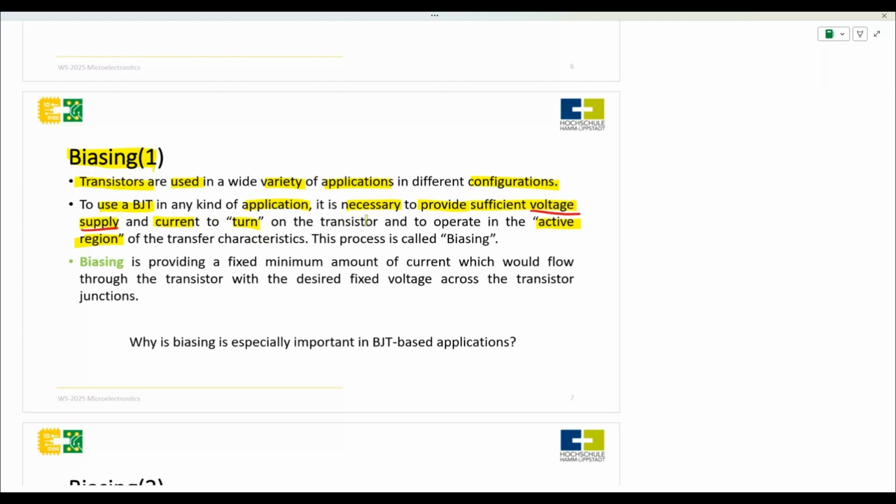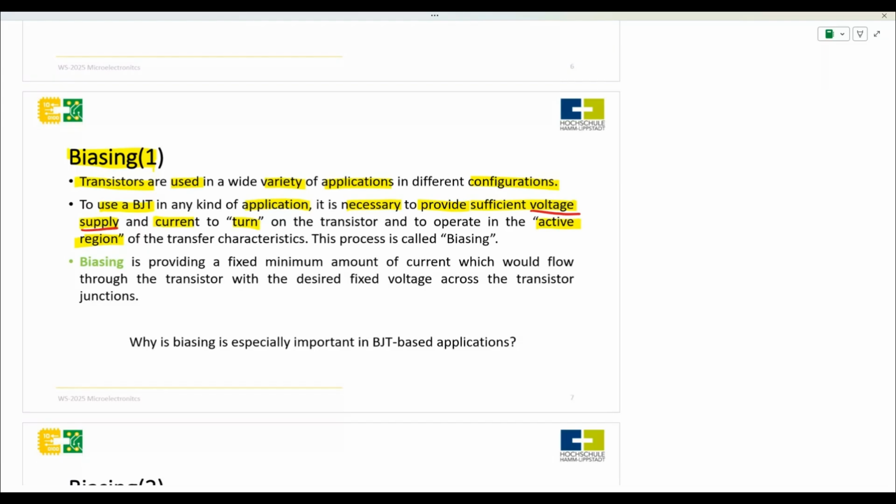So let's repeat this again. To use the BJT in any kind of application, it is necessary to provide sufficient voltage supply and a current to turn on the transistor and to operate in the active region of the transfer characteristics.